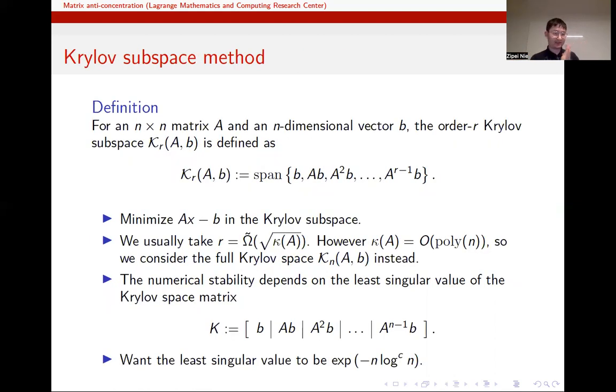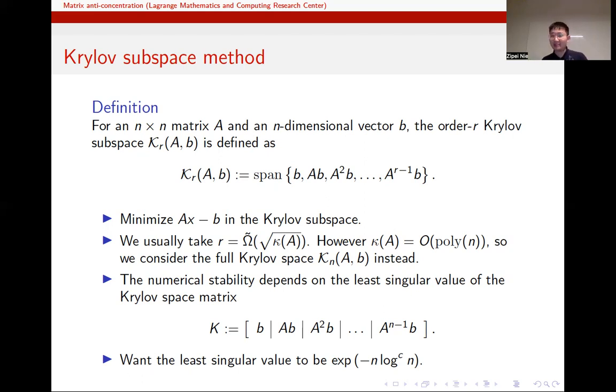The Krylov subspace method is as follows. The definition of a Krylov subspace, given an n by n matrix A and an n-dimensional vector B, is the linear span of B, A times B, A squared times B, till A to the R minus 1 power times B. And the usual way to use the Krylov method is to minimize AX minus B in the Krylov subspace.